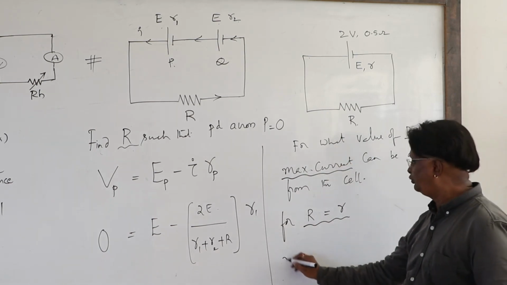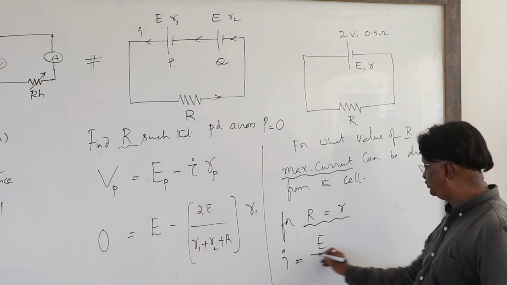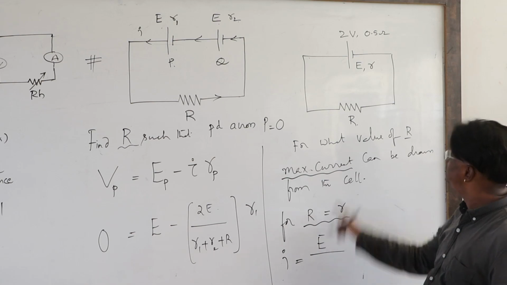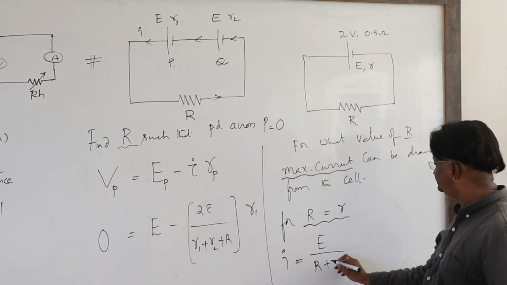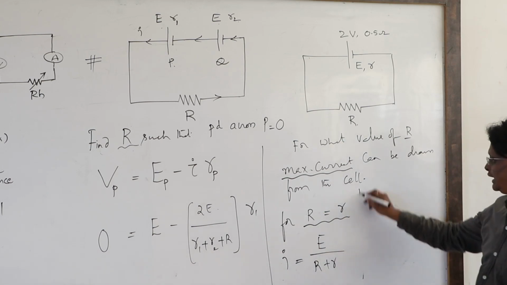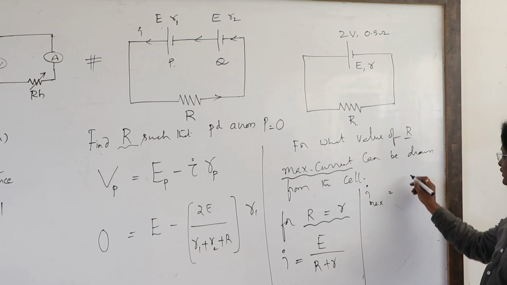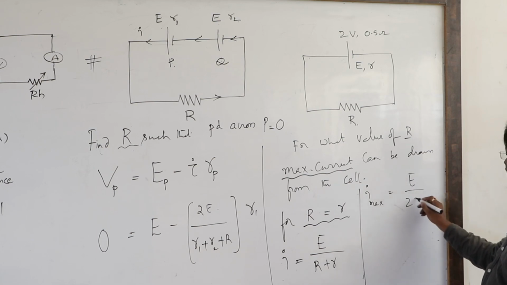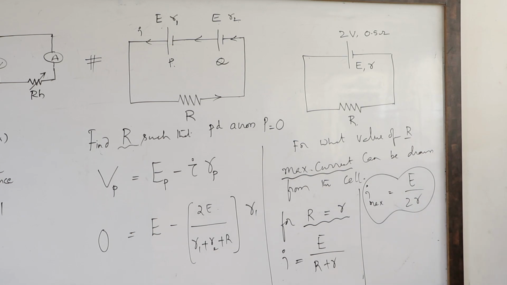In such a case, what is the I we have written earlier? Total volts by total ohms. It is E by capital R plus small r. For capital R equal to small r, I maximum is equal to E by 2r.